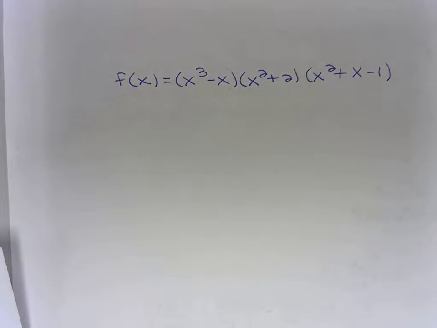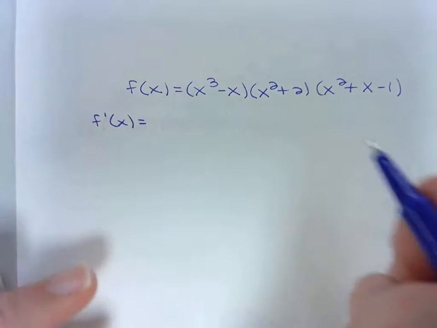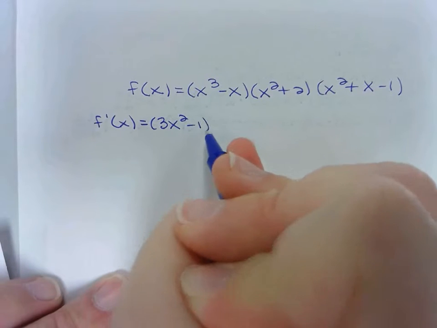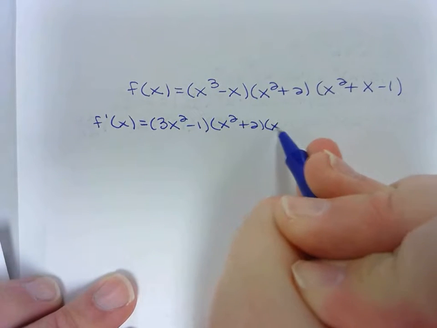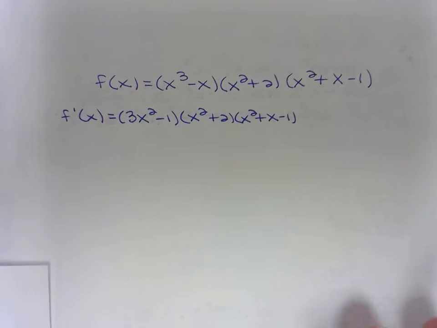So what you have to do, if you have the product rule of 3 functions, you take the derivative of the first, keep the other 2 the same.